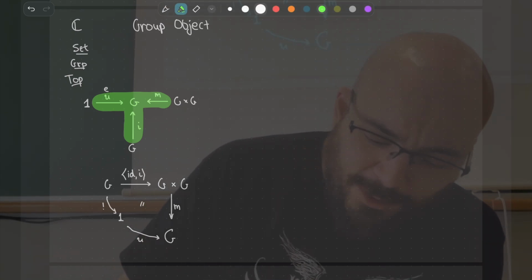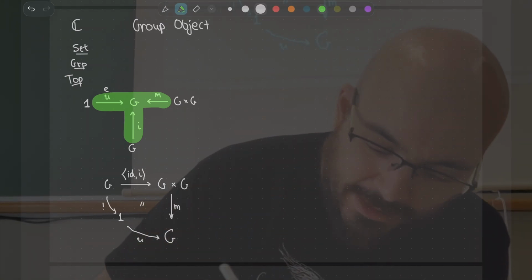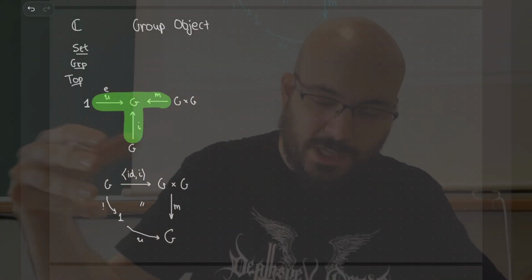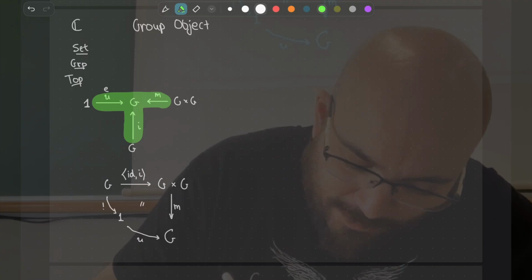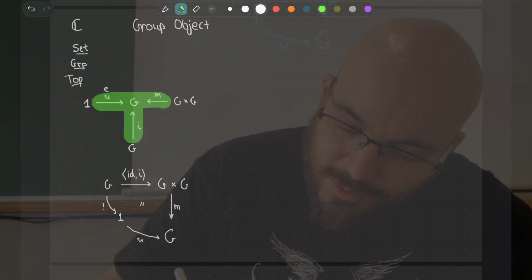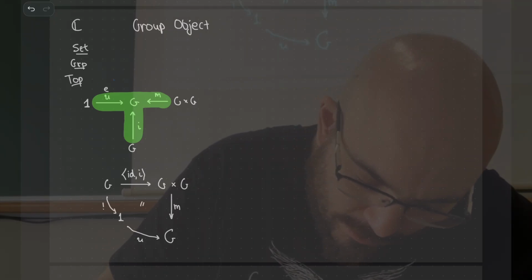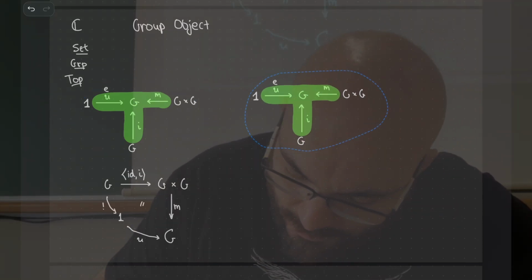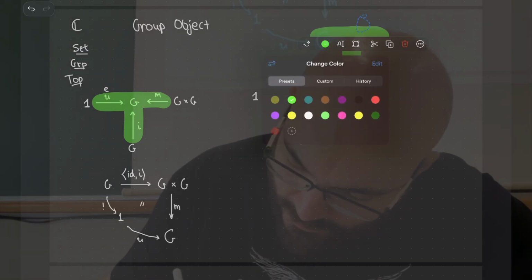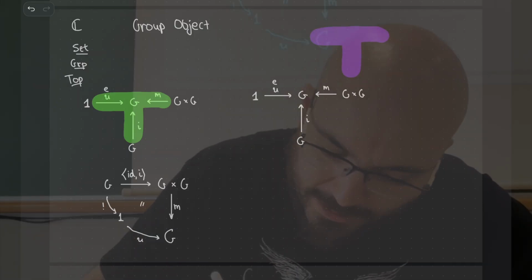So the idea will be, okay, let's focus on this guy, even though I know it's not just this, it's equipped with all this extra structure, but probably something that would get me from this group object to a different one, from the green group object to the purple group object.